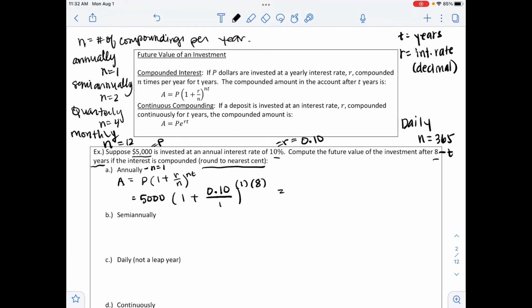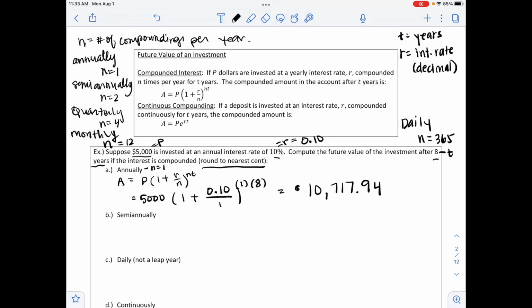And then from here you can substitute this all in on your calculator. Again, we're rounding to the nearest cent, so 2 decimal places. And this works out to being $10,717.94.